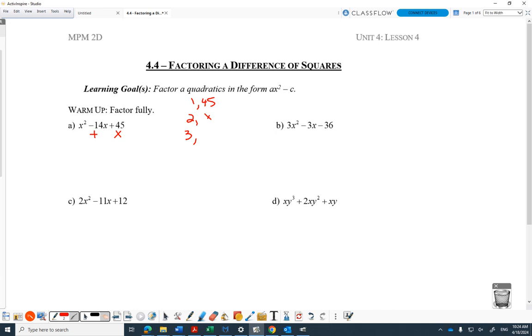Your calculator will tell you 45 divided by 3 gives the other number, which is 15. That doesn't add to 14. 4 doesn't divide into 45. 5 and 9, oh, negative 5, negative 9. She did that very quickly. And then those are the two numbers we use to factor the two sets of brackets.